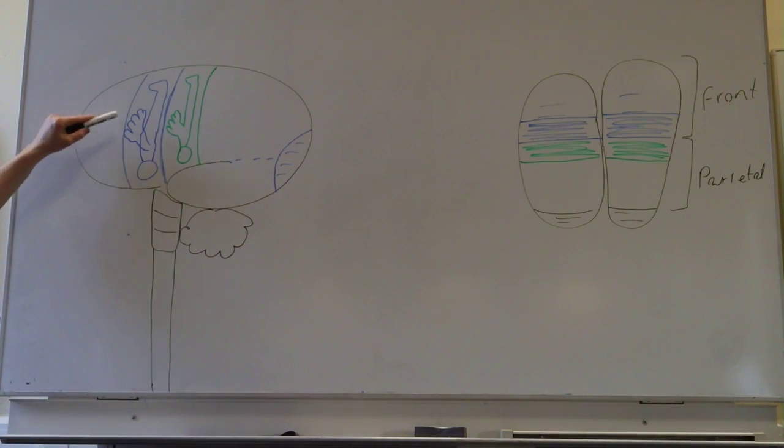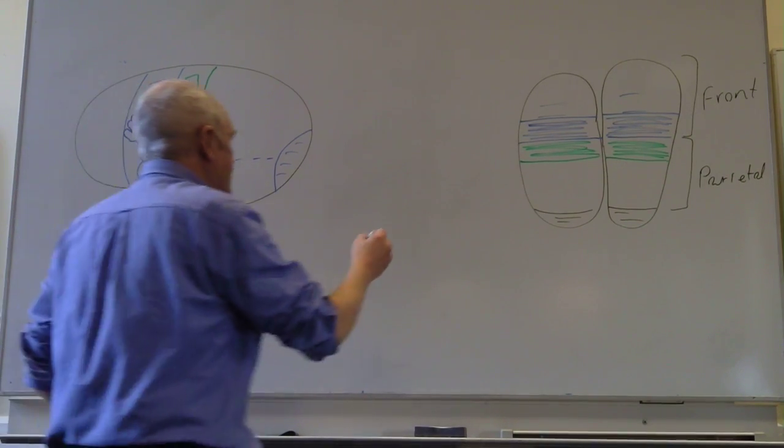Yeah, draw another one. You don't need to draw the lobes, just draw the outline of the brain. Just draw one like this.